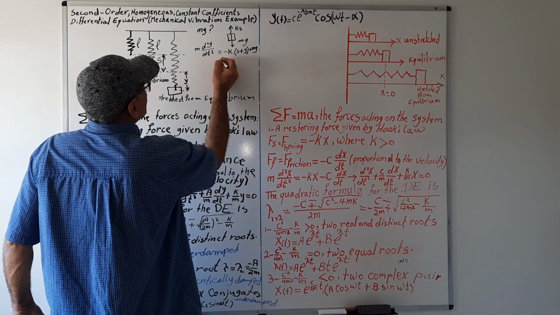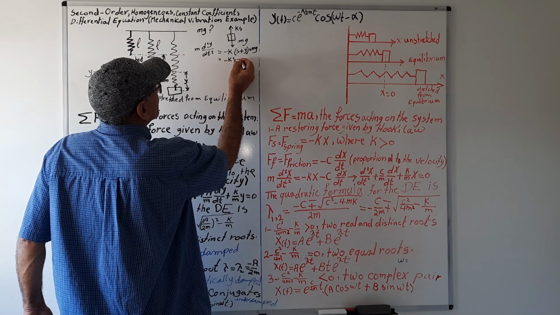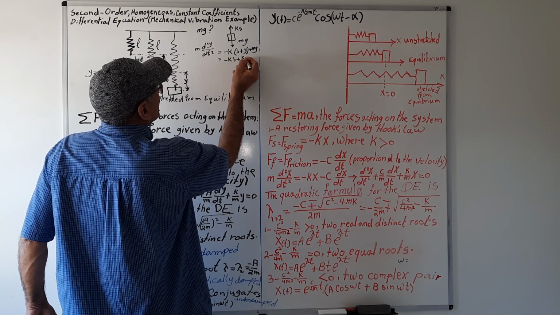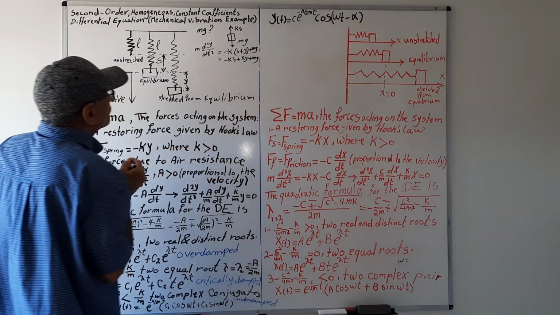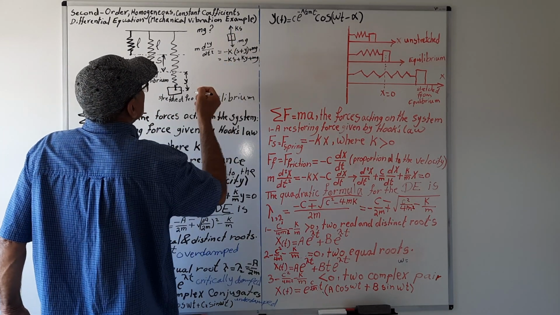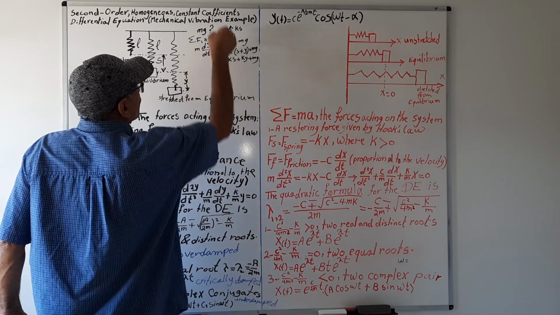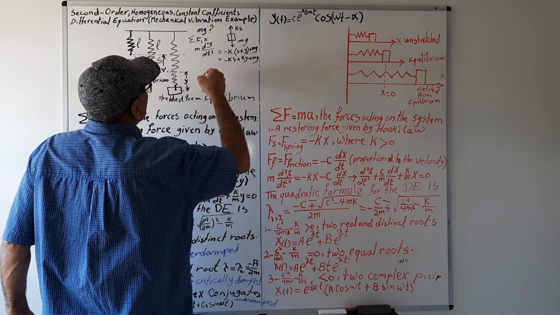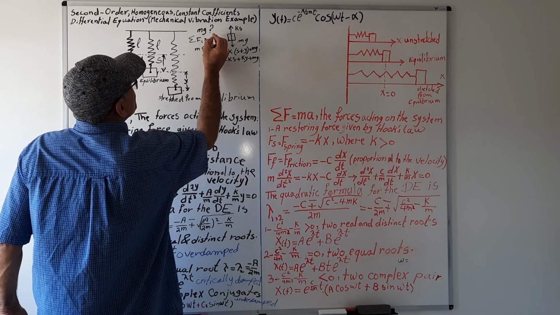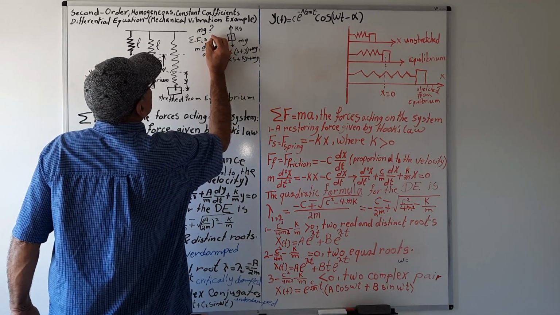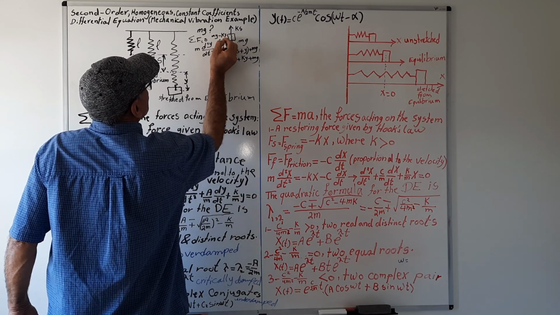So then equal minus k s minus k y plus mg. And from equilibrium, we have the summation of forces equal 0 in the y direction, so mg minus k s equals 0.